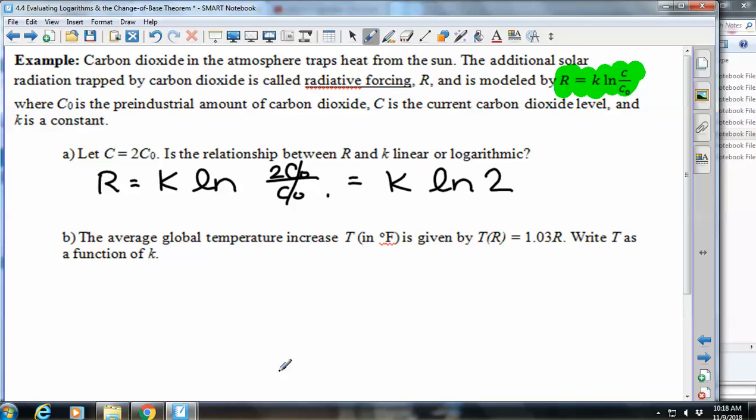You have a log in it, but natural log of 2 just represents a number, right? So if you have R equals K times a number, is that linear or quadratic? Linear. Okay.